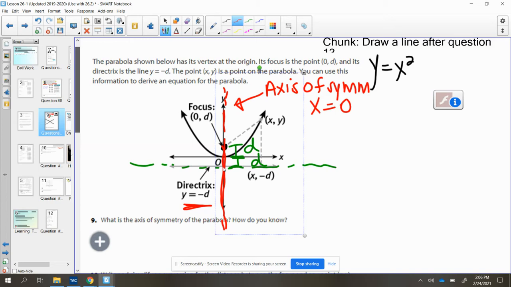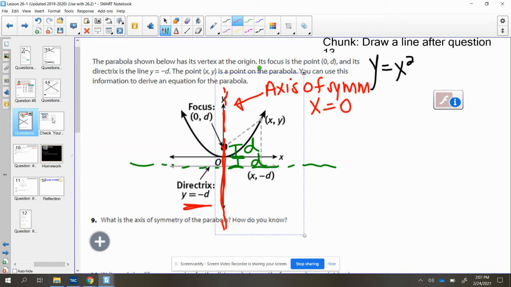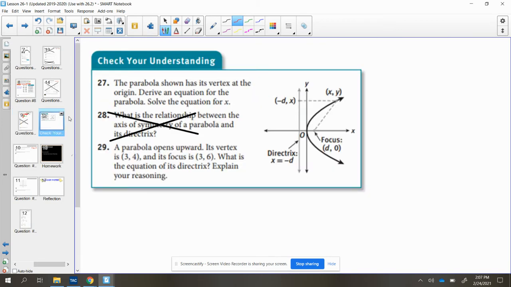And again, we know this is going to be an x squared parabola because of the opening upward nature. It would be negative x squared if it was opening downward. So that talks a lot about our parabolas. Now, the rest of 26.1 really will talk about inverse, and again, reviewing some stuff that we talked about back in Unit 2, but that we're not going to focus on as much now, okay?